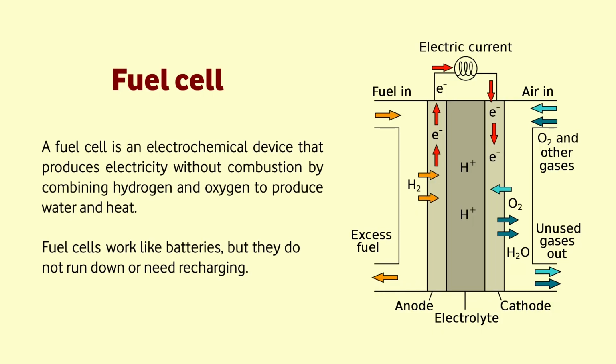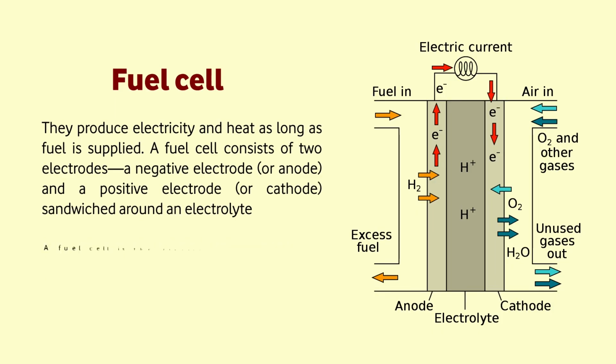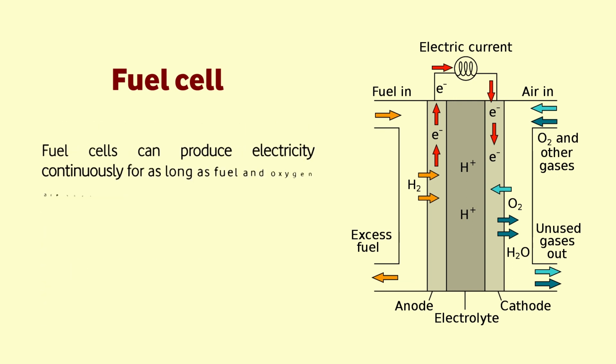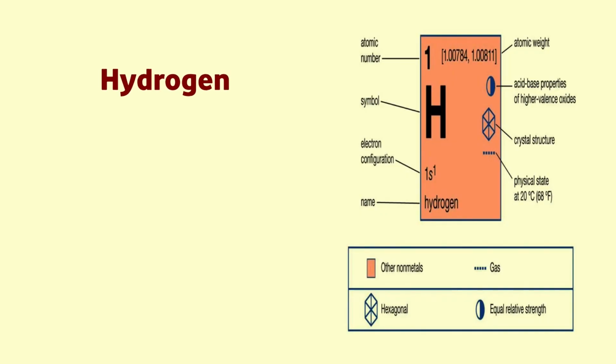There are several types of fuel cells currently under development, each with its own advantages, limitations and potential applications. Basic energy conversion of a fuel cell can be described as: chemical energy of the fuel is equal to electrical energy plus heat energy.